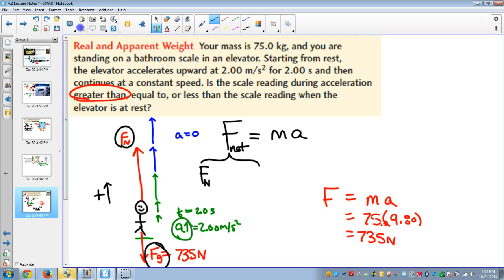My normal force minus my force of gravity is equal to the mass times the acceleration. I don't know the normal force, but I know gravity is 735. I know that the mass is 75, and I also know that the acceleration is 2. So 75 times 2 is 150.